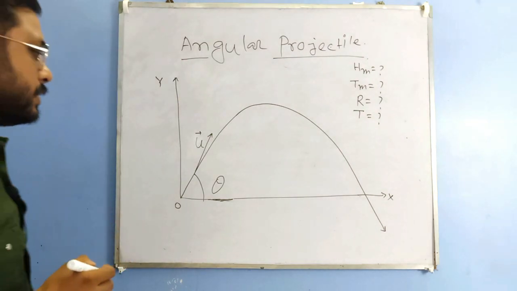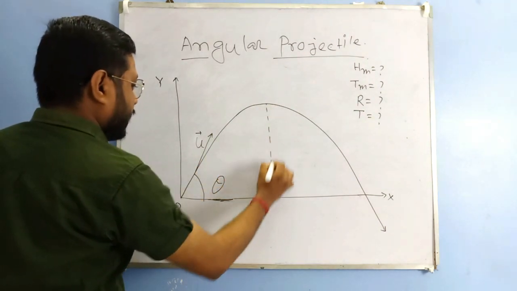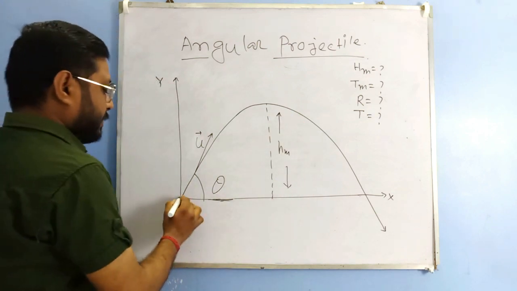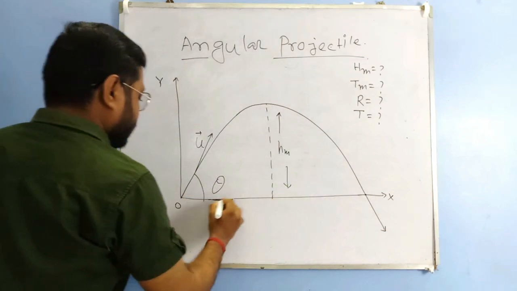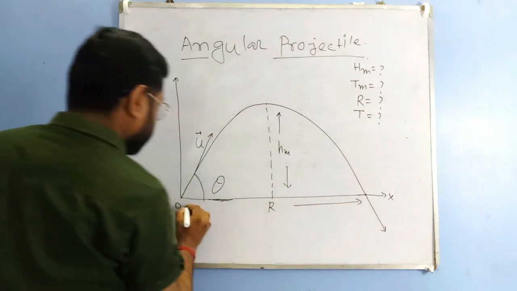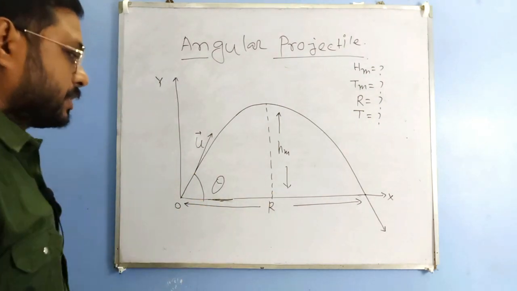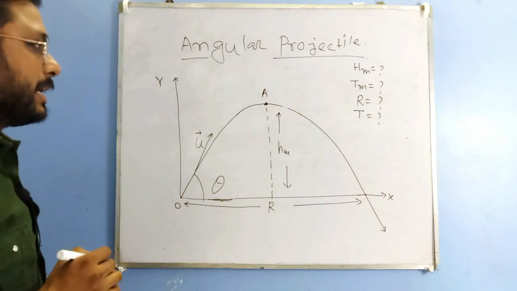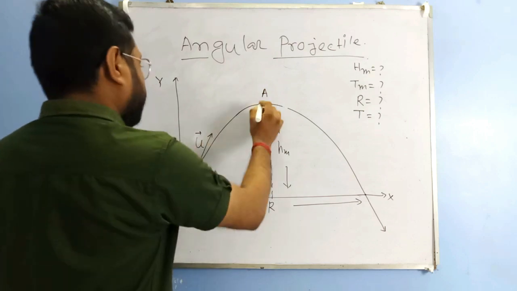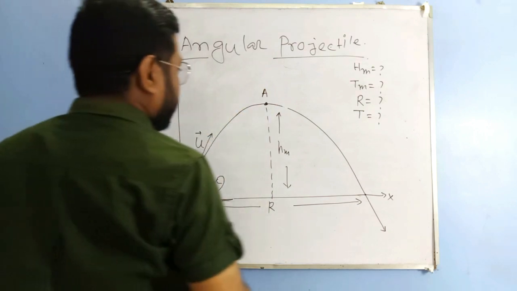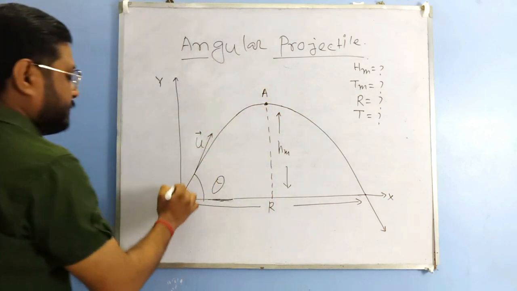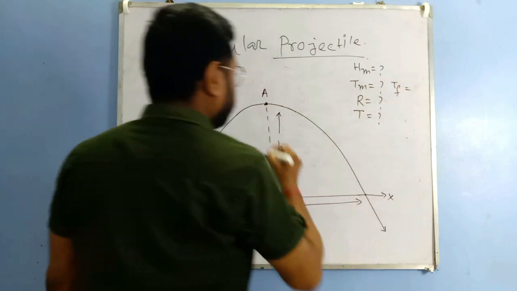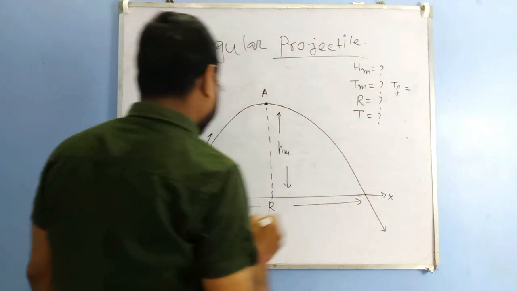We shall find out the maximum height, which is denoted as hm, and the horizontal distance, that is the distance between the point of projection and where it strikes the ground, which is R. We also find the time taken to reach maximum height, TF, and TM is the total time.